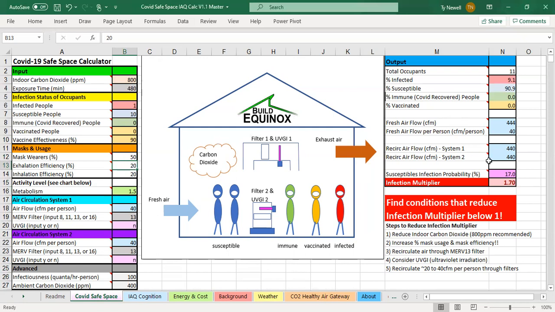Now it does add improvement over here, but if I get a better fitting mask that's say 50% efficient in both inhalation and exhalation, and some masks, if they're poorly fitting, when you breathe out, the leakage of the mask can be different than when you're inhaling. And that's why there's two levels here.